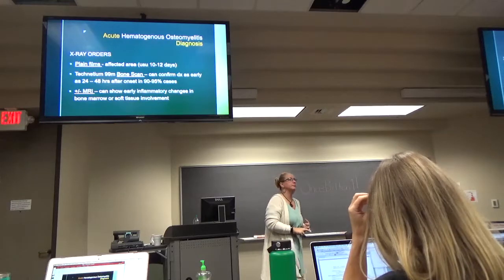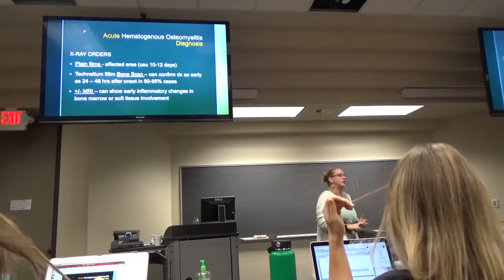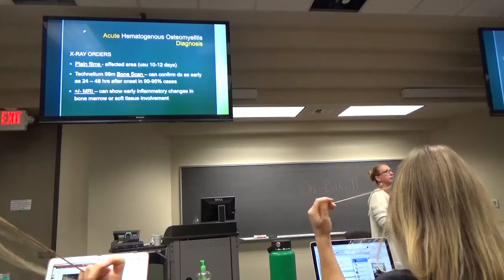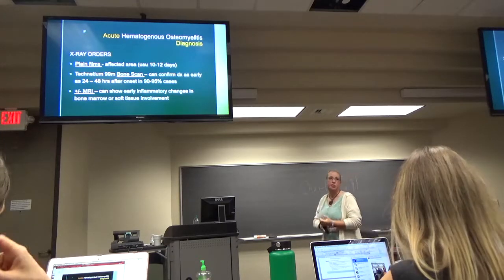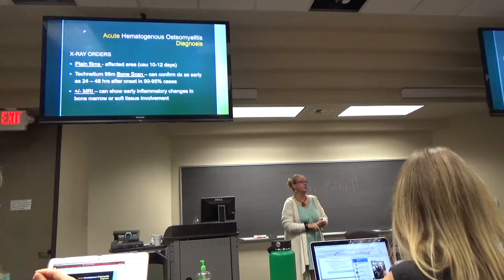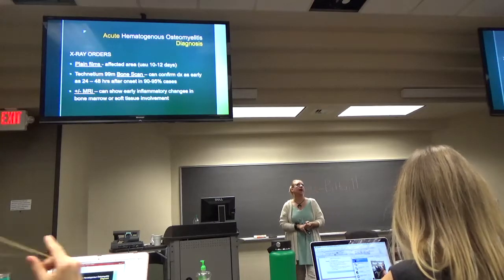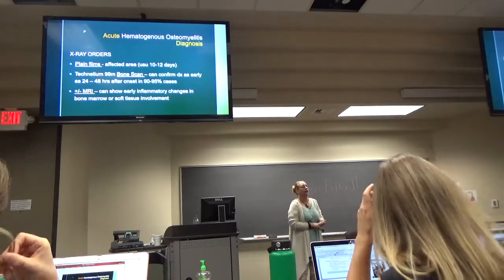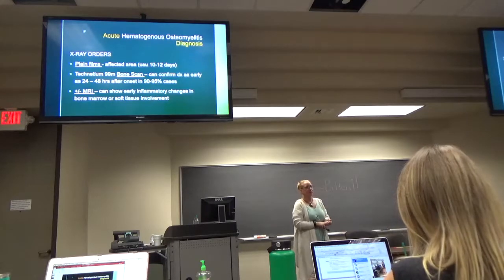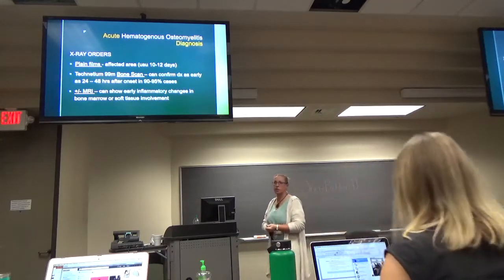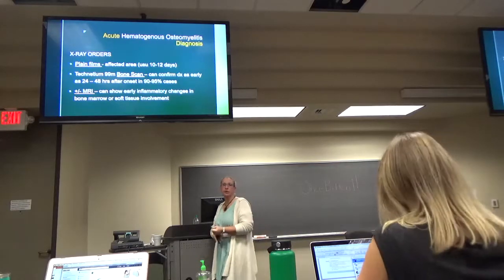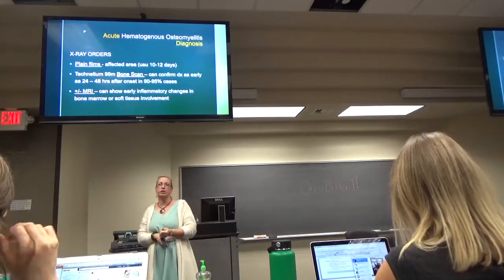Bone scan. 24 to 48 hours after the onset of an infection, it is confirmatory in 90 to 95% of the cases, so that's pretty darn specific and sensitive. And again, this is the bone scan, not the CT, so it's not as much radiation, and you're specifically ordering it for whatever part of the body that they're complaining about.